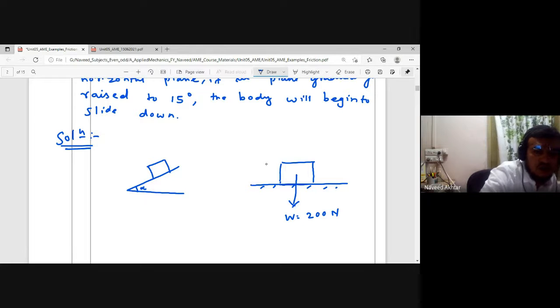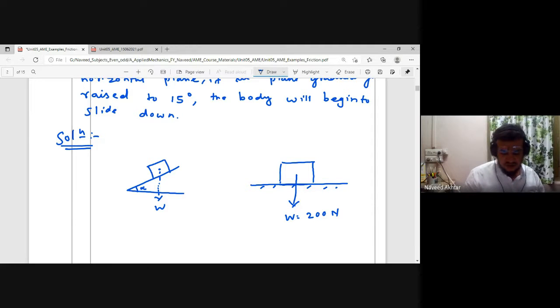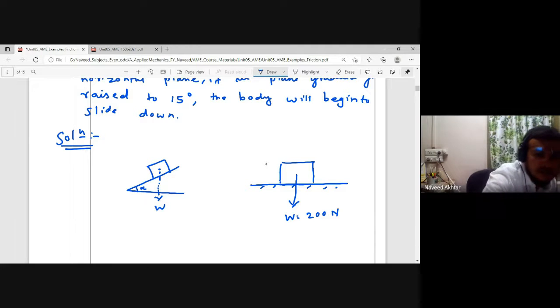तो क्या हो गया? बॉडी मूव होना शुरू हो गई under its weight. This is the W. Under the W, it is moving down. है ना? So when we see, you can see the R will be like this, and the component of W, when we resolve the W into forces.